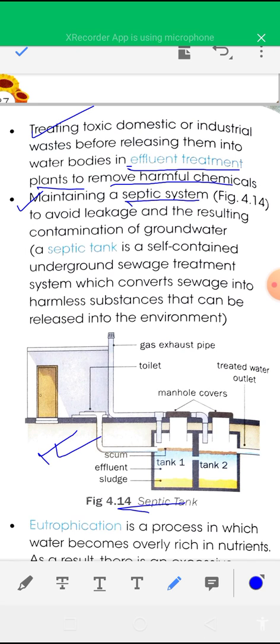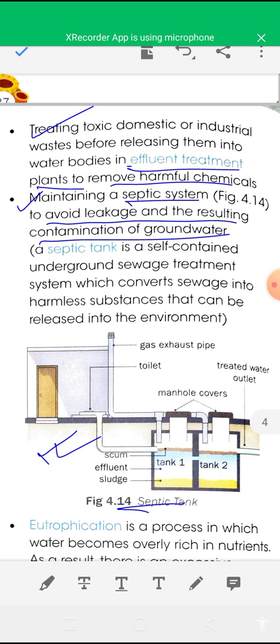You can see this is the septic system. Maintaining a septic system avoids leakage and the resulting contamination of groundwater, so you can reduce water pollution.